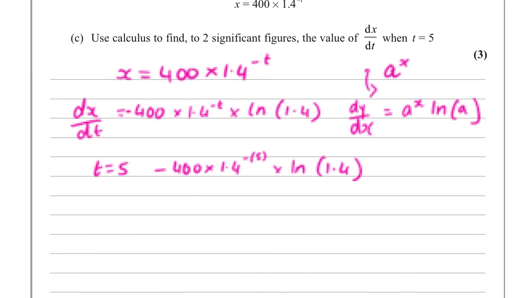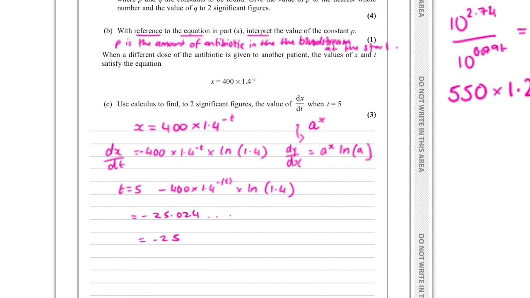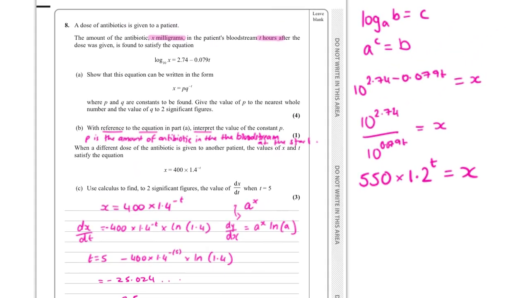I'm going to get minus 25.024 and so on, which is minus 25 to two significant figures. There we have it. Nice and simple.